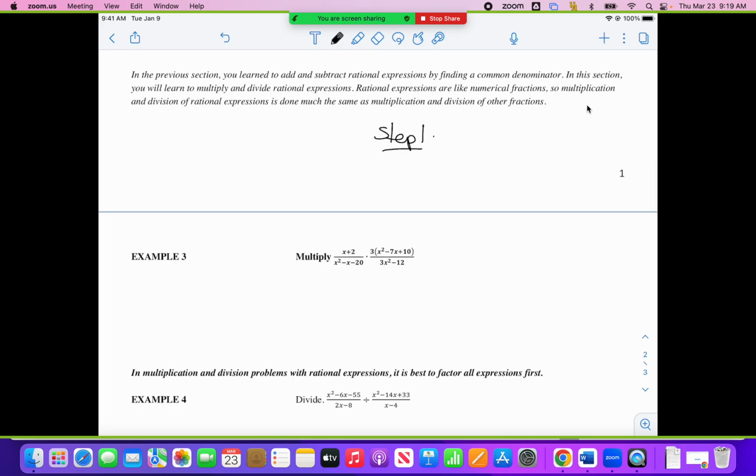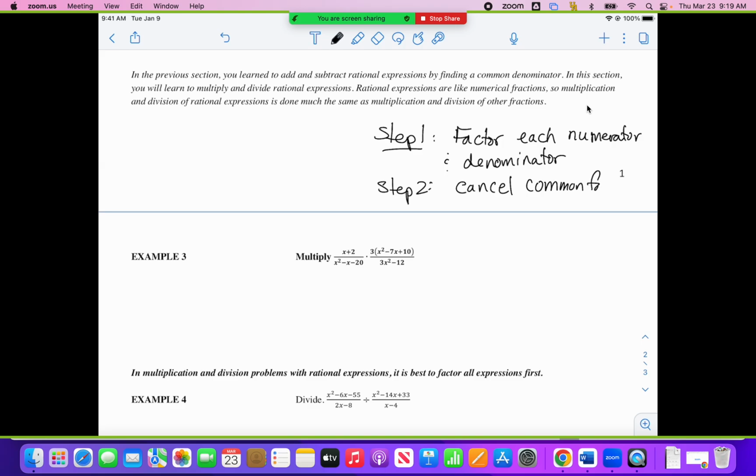Step 1, factor each numerator and denominator. Step 2, cancel common factors.